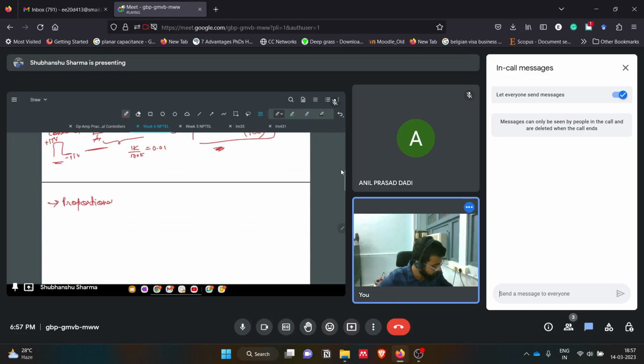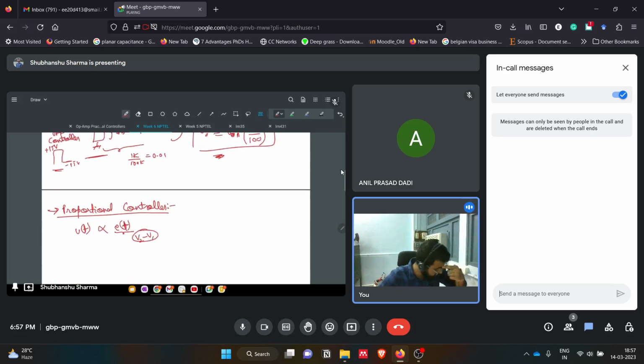In this proportional controller, the output of the controller is directly proportional to the error signal which is being fed into the controller. This is basically V2 minus V1, which we saw in the block diagram earlier. It is proportional to this, and the proportionality constant is given by Kp times E of t.